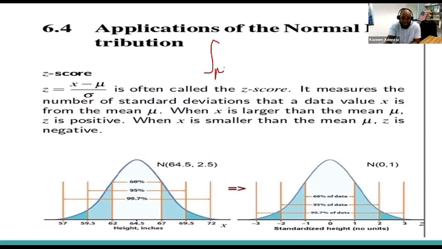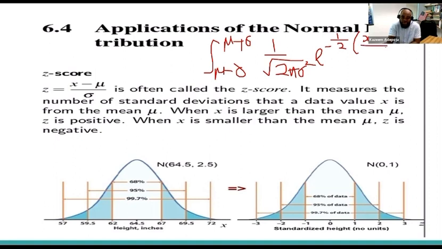If you integrate from mu minus sigma to mu plus sigma of 1 over the square root of 2 pi sigma squared, exponential raised to the power minus half, x minus mu over sigma, squared, dx, it is equal to 0.68.